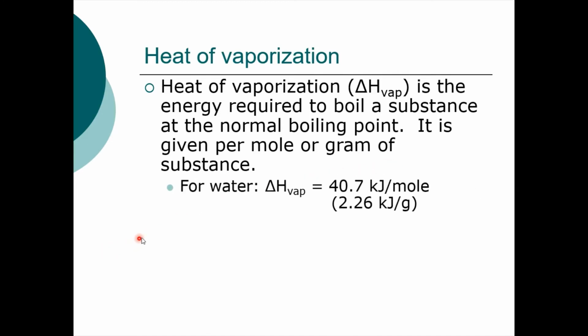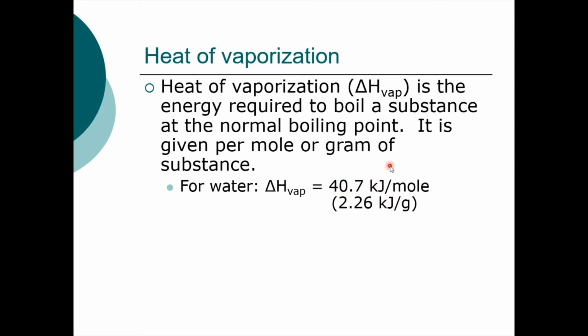For water, the heat of vaporization is 40.7 kilojoules per mole. That means 1 mole of water takes 40.7 kilojoules to vaporize. Once again, notice that this number is much bigger than the other one. The heat of fusion for water was 6.02. This one is 40.7.